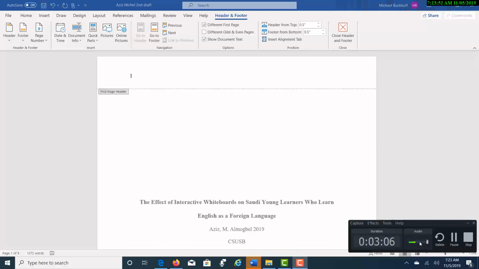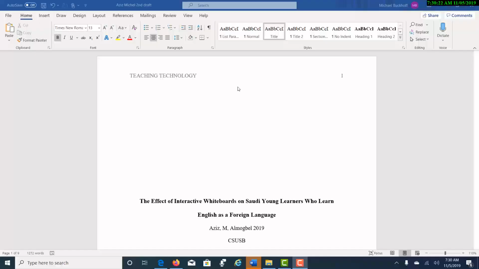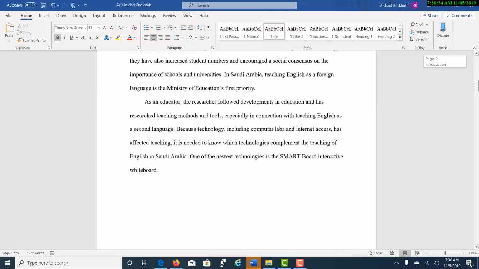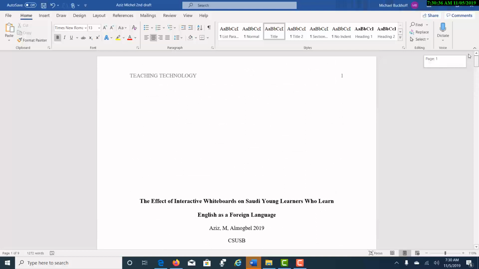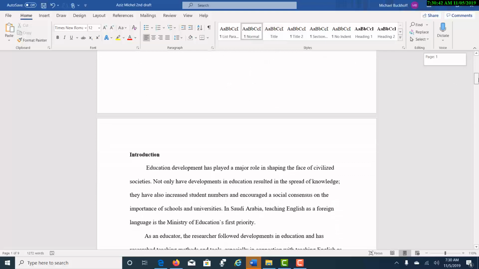Give me a quick second. Now, the only thing I can't figure out right now is this. You did something to the formatting. I'm putting what's called a running head, page 1, but I'm having trouble getting it to show up on every page. So that's one of your challenges, is to figure out how to do that. There's some kind of formatting issue going on with your document, but let's keep going.